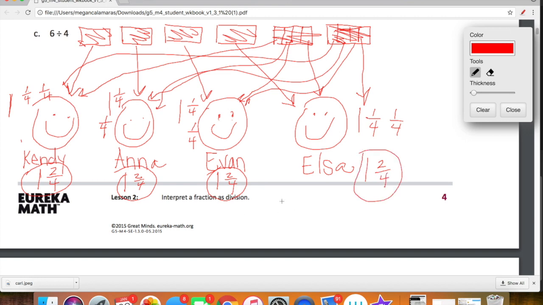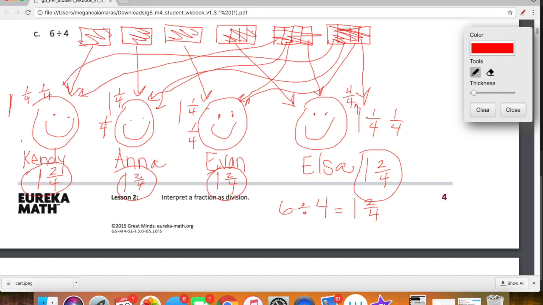As it turns out, I'm going to write the expression again down here. As it turns out, 6 divided by 4 is equal to 1 and 2/4. Interesting. Let's think about how many 4ths are in this whole that each of our kiddos got. So if I were to divide my whole into 4ths, 1, 2, 3, 4, you guys know 1 whole is just a simplified version of 4/4.